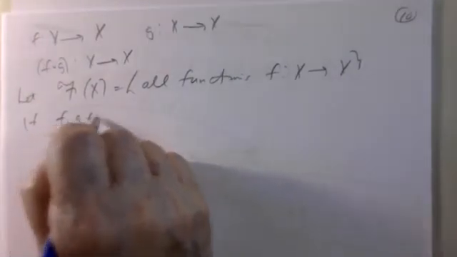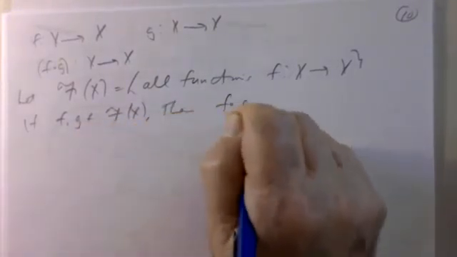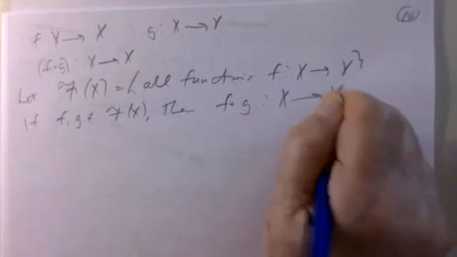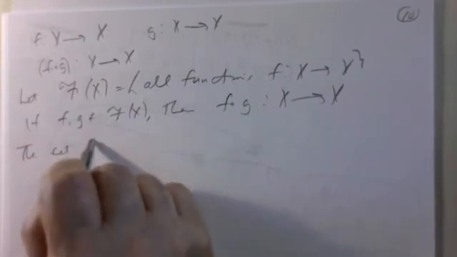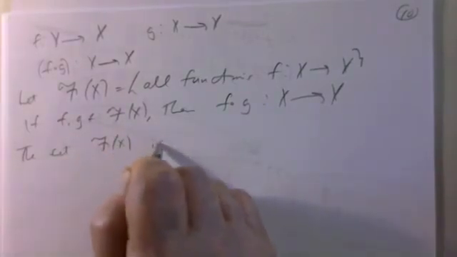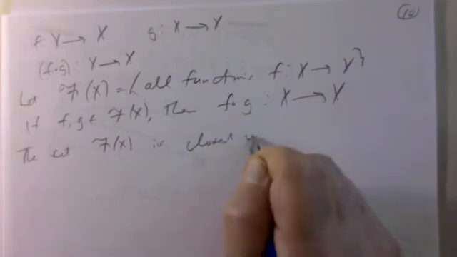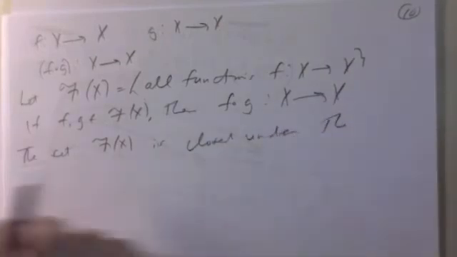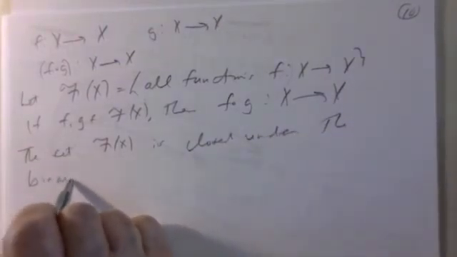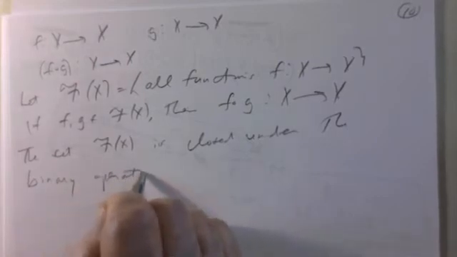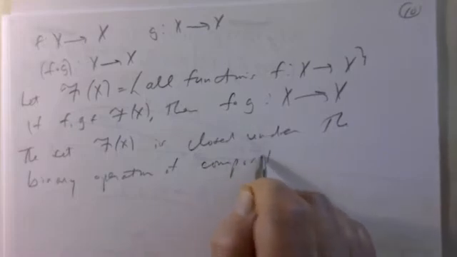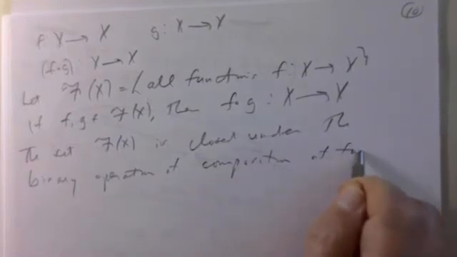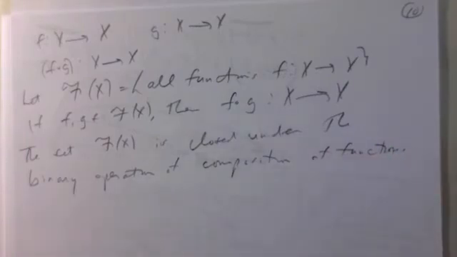So f and g are functions from x to x, then f composed with g is also a function from x to x. So the set f of x is closed under the binary operation of composition of functions.